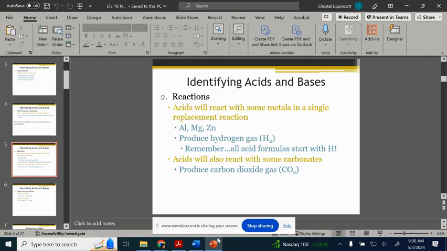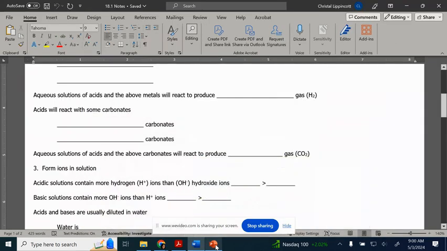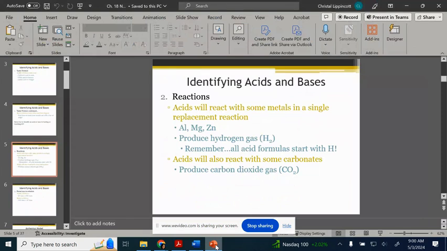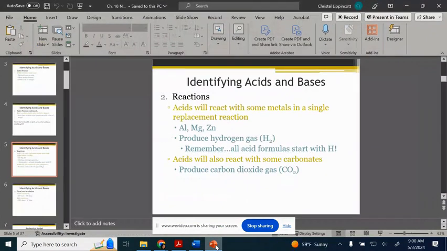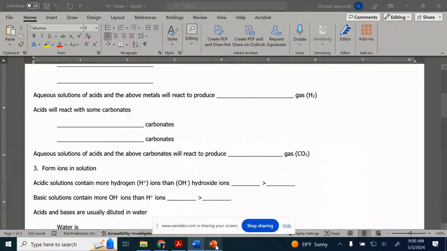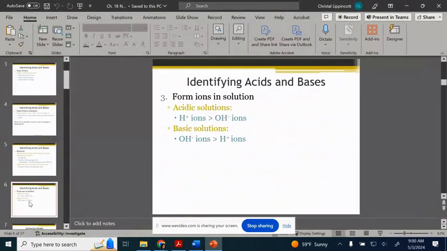React with some metals to form hydrogen gas. I don't know. Just leave them blank. I'm tired and it won't be on the test anyway. Well, there is no test. Well, there's a final.